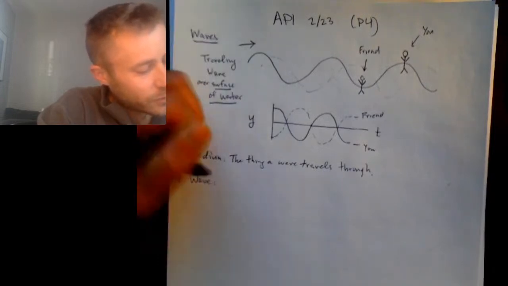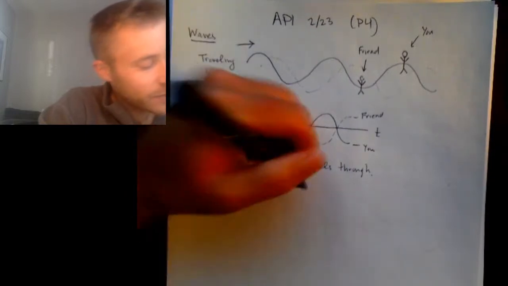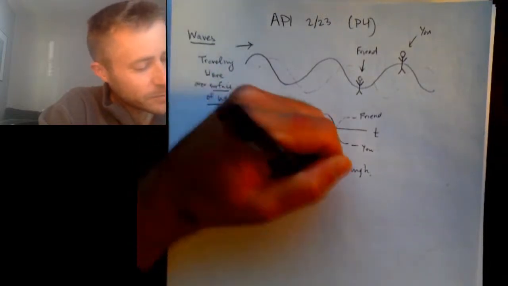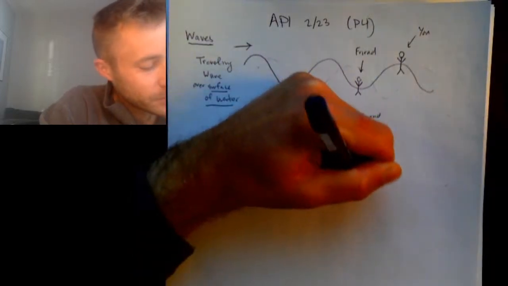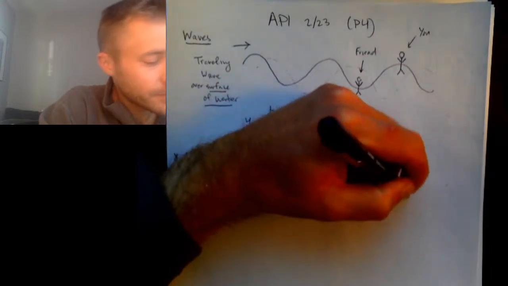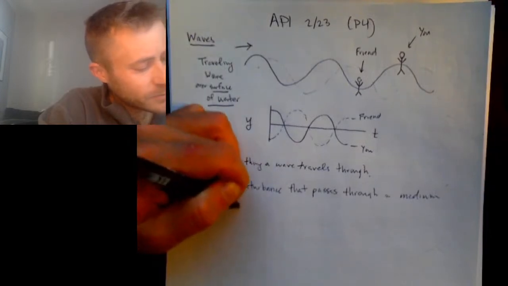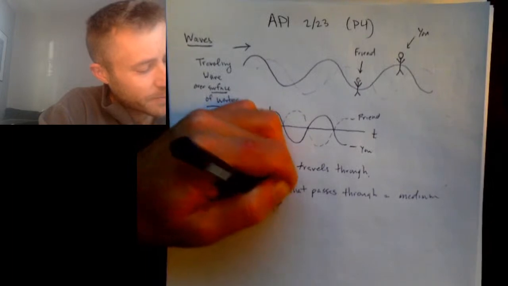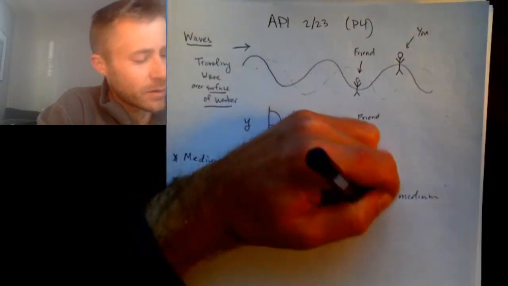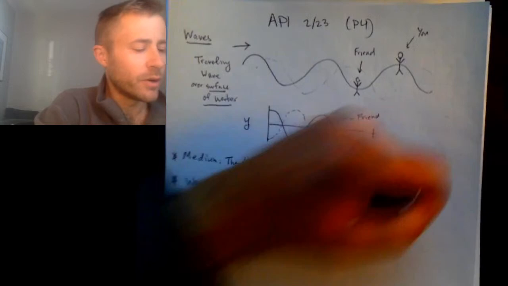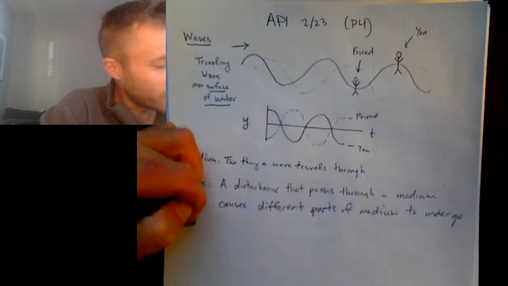And so we could think about a wave as a disturbance that passes through a medium that causes different parts of the medium to undergo simple harmonic motion.